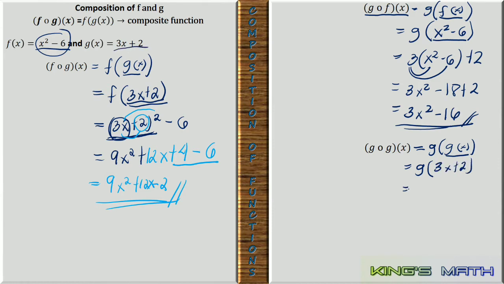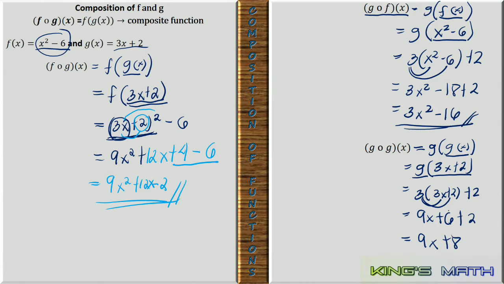And then we're going to change every x of g with this one, and that will be 3 times 3x plus 2 plus 2. And then simplify. 3 times 3x is 9x. Then 3 times 2 is 6 plus 2. And then simplify further. We're going to have here 9x plus 8. Okay, so that is how to do composition of functions.